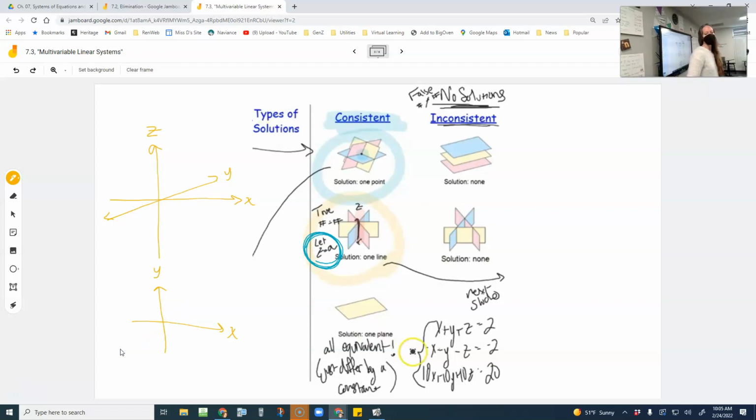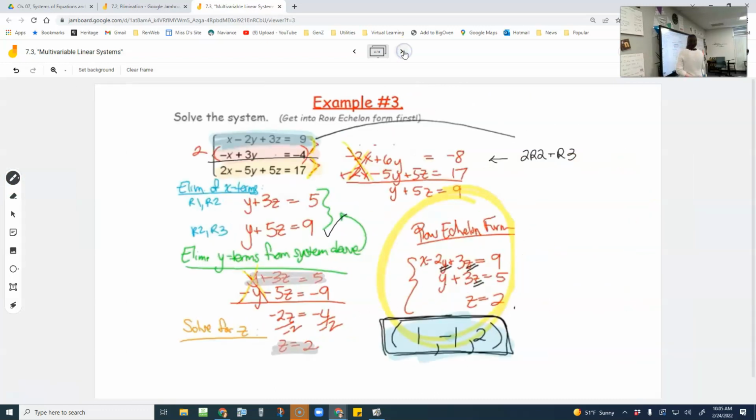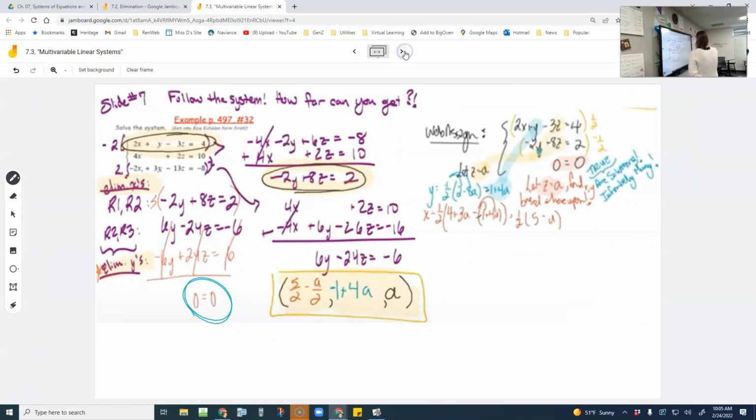There's a third dimension. So Ryan, when I say let z equal a, what I'm representing is that I have this infinite, I have all of z. But having an x, can I use this as an example? What was my y?